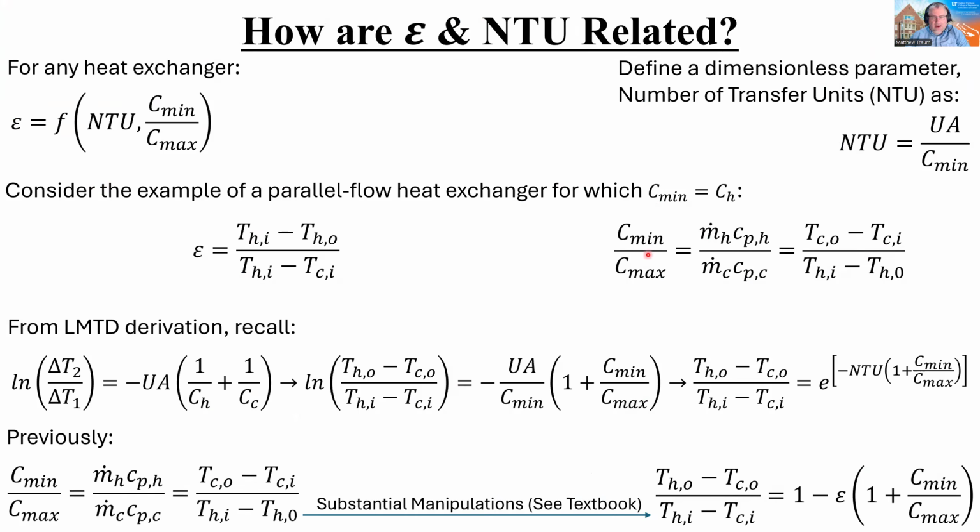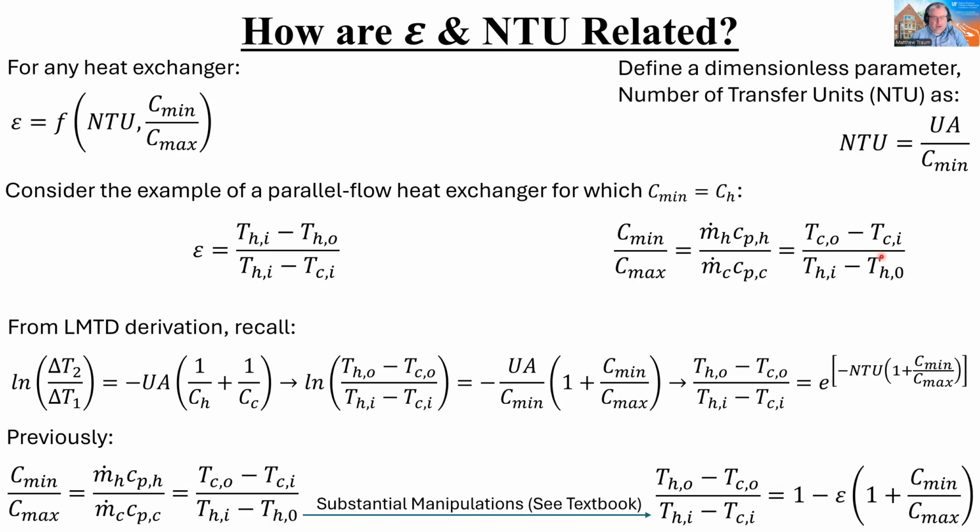Okay. And then here I am just actually doing the math. So I'm just taking a ratio of Cmin and Cmax, and that's just equal to these mass flow rates times specific heats, and that gives me this temperature ratio here. And notice these are not the same.